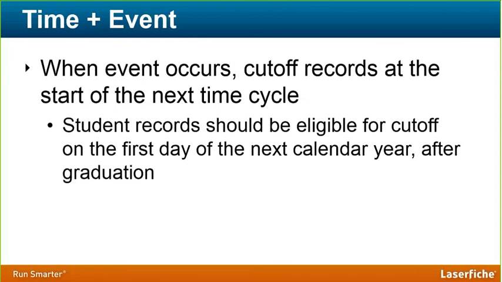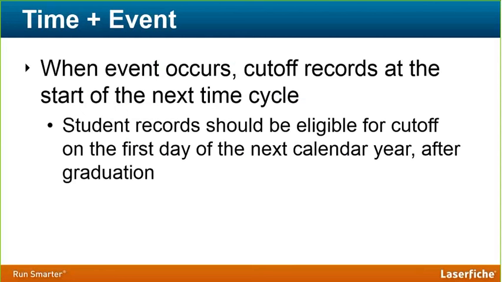So here we have the time and event cutoff. This really allows you to collect all records with events that occur during a specific time cycle and then cut them off at the same exact time. For records managers, it's going to allow you to lessen the number of actions that you actually have to perform. So when an event occurs, the records are cut off at the start of the next time cycle.